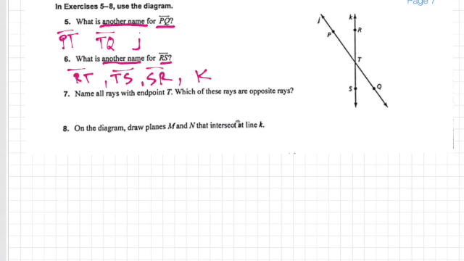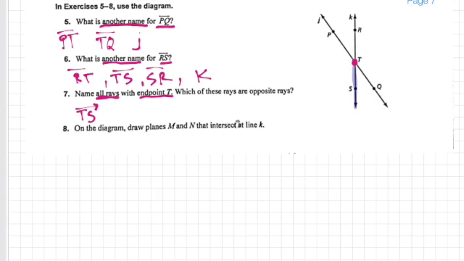All right, so now let's look at the next one. Name all the rays with an endpoint T. And then which of these rays are opposite rays? So for me, I see endpoint T. So we could say, here's a ray here from T to S. If we started at T, goes in one direction forever. So I could say, all right, TS.